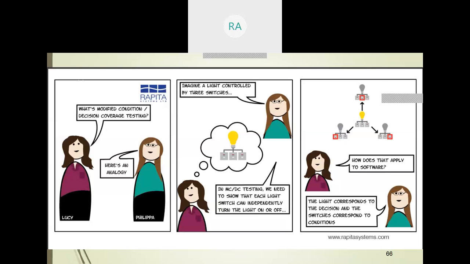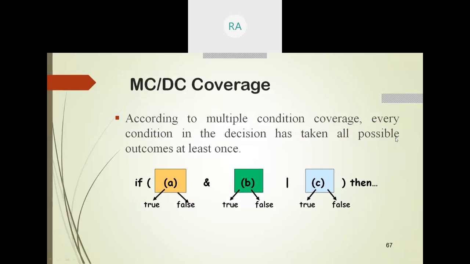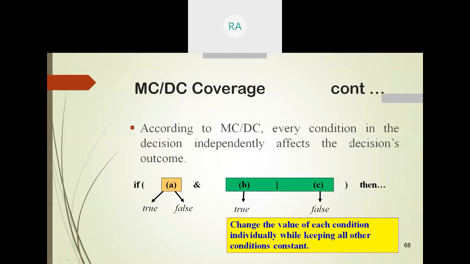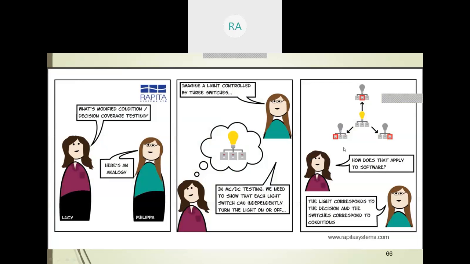After that I will consider the second switch and see the functionality of the bulb, whether it is working fine or not, without touching the first and third switch. Similarly, I'm going to consider the last switch without touching the first and second switch, to test whether it is helping me switch the light on or not.